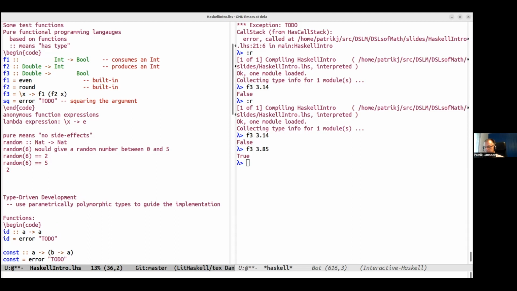But 2 is not equal to 5. So there's sort of an error. There's something bad happening there. So random there would be a side effecting function. And that's something that is not allowed in this type system.